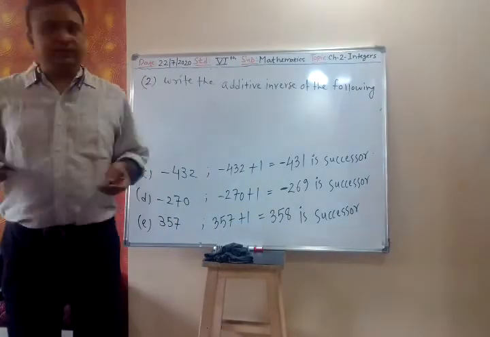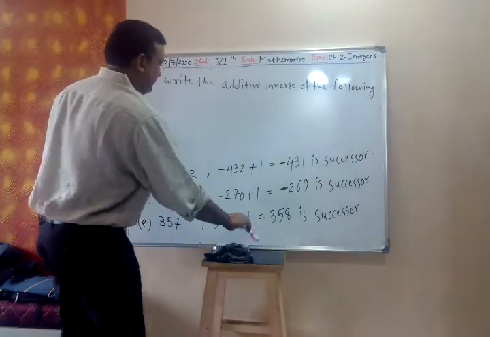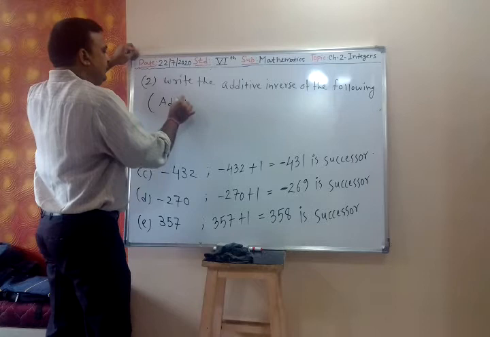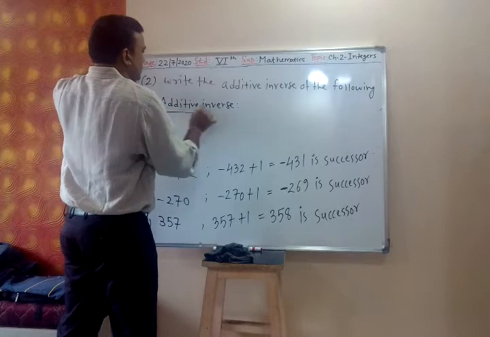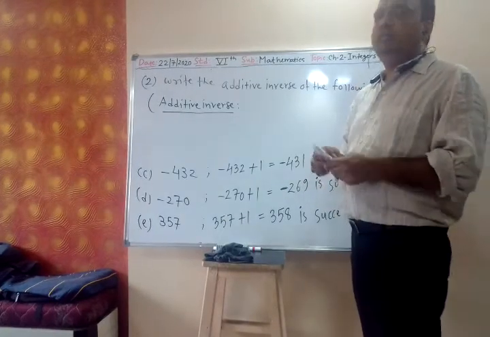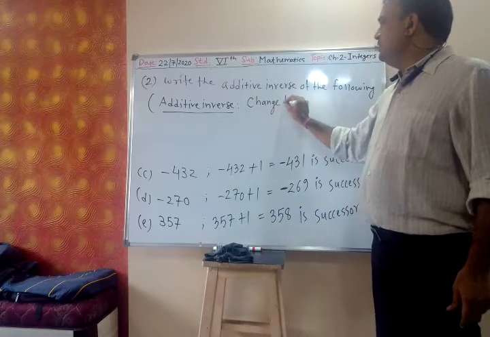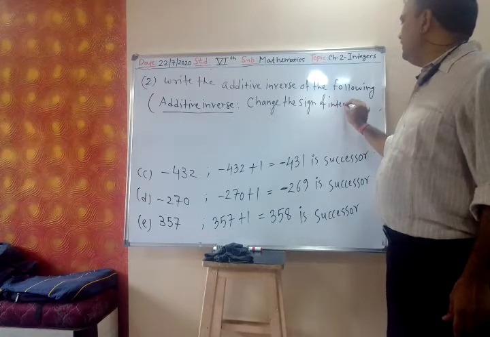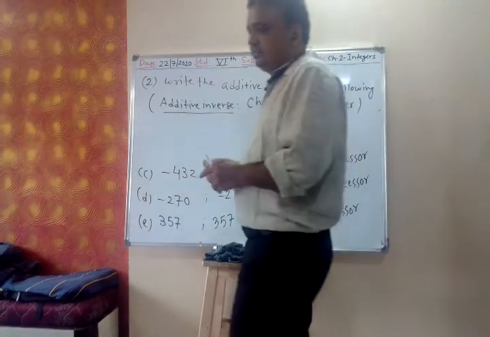This word, additive inverse, I will explain. See, to find the additive inverse, what do we do? Write this down: we change the sign of the integer. Change the sign of the integer and you will get the additive inverse.